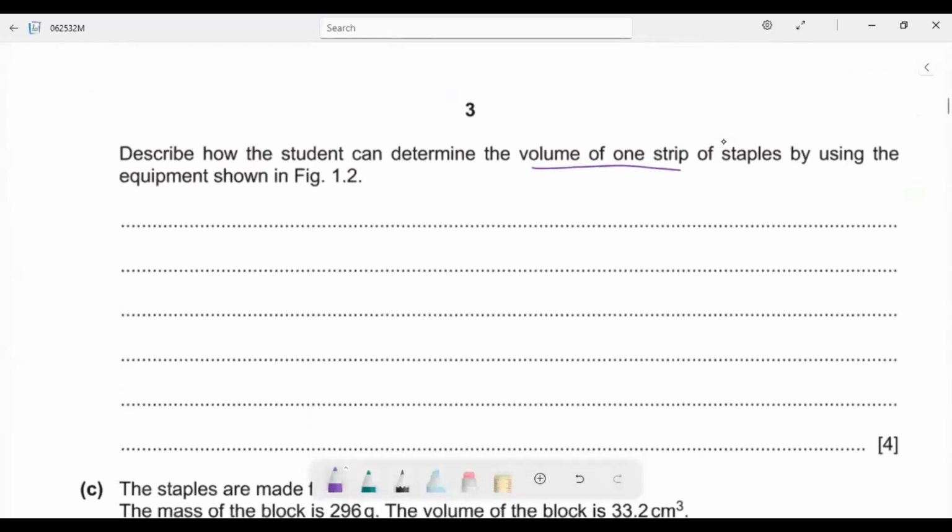So here the answer is, first we need to fill the cylinder with water. Then take the reading.